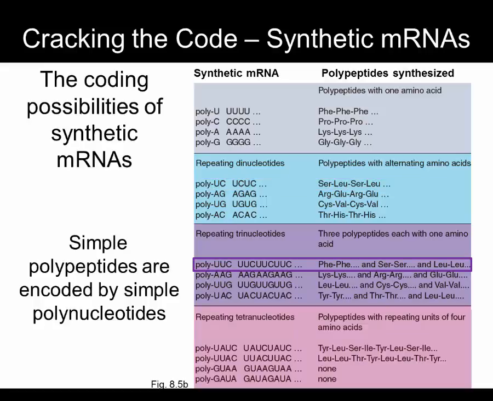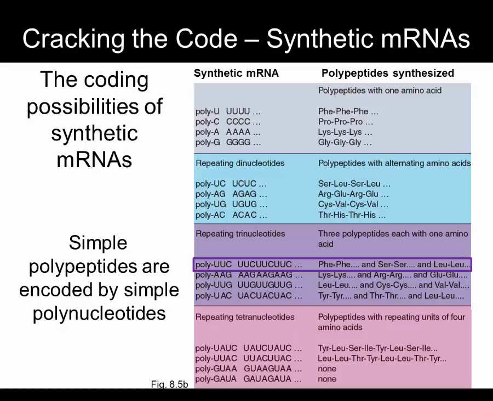Repeating trinucleotide sequences get even more complicated. You might think that a poly-UUC sequence would only give 1 amino acid chain, corresponding to the UUC codon. But the in vitro system doesn't control where the mRNA reading frame begins. It might get read as a series of UUC codons, but it could also be read as repeating UCU codons, or CUU codons.